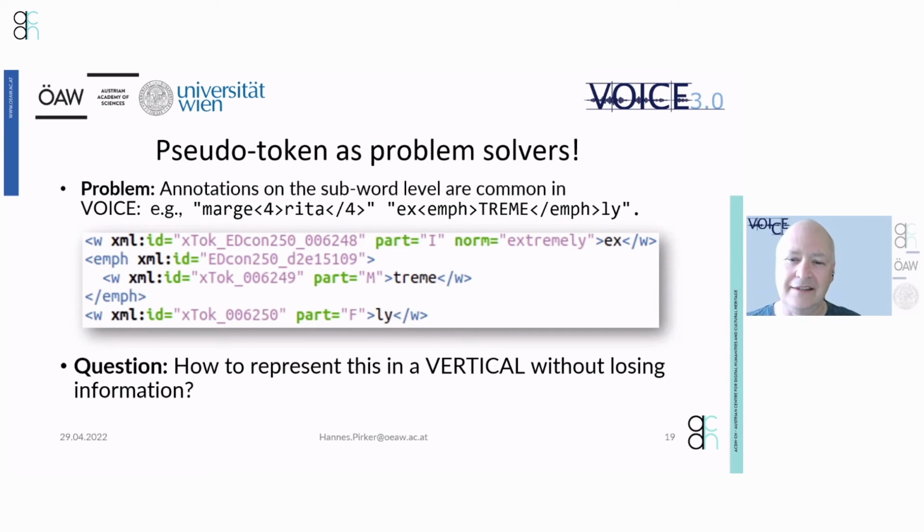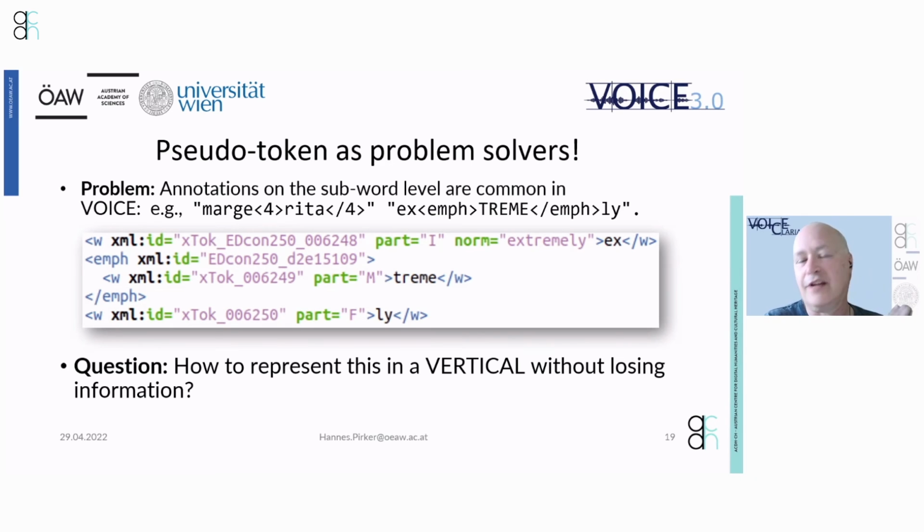But actually, this mechanism we came up with solves a real problem, namely the problem I mentioned before, that because the NoSketch Engine was designed for using the undisturbed orthographic word as its minimal unit, there was no way in the original system to nicely handle the many cases we have where we have subword units annotated with information.